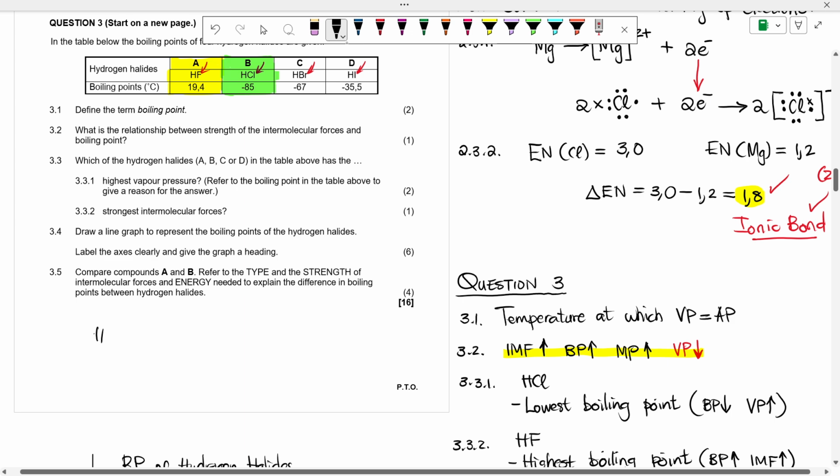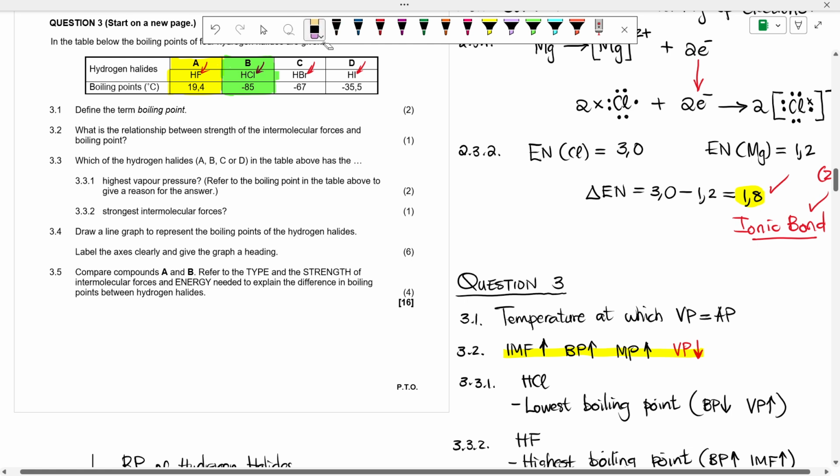What intermolecular forces do you find between that? Hydrogen bonds. Good. And then you have HCl. What intermolecular forces are between that? Dipole. There we go.